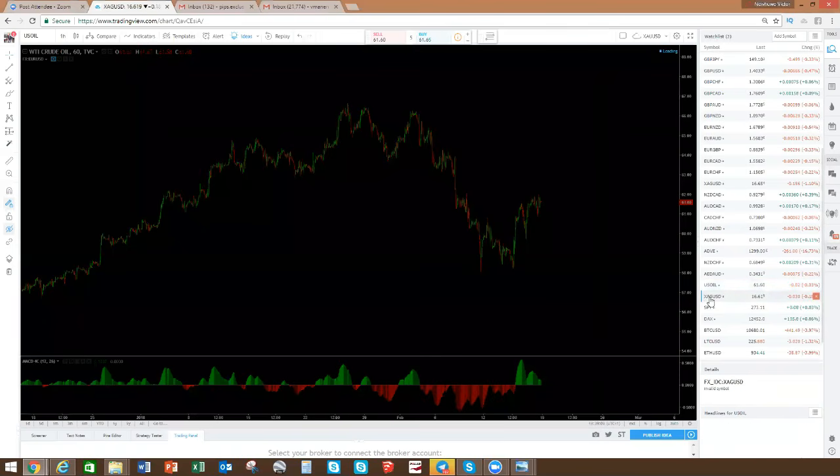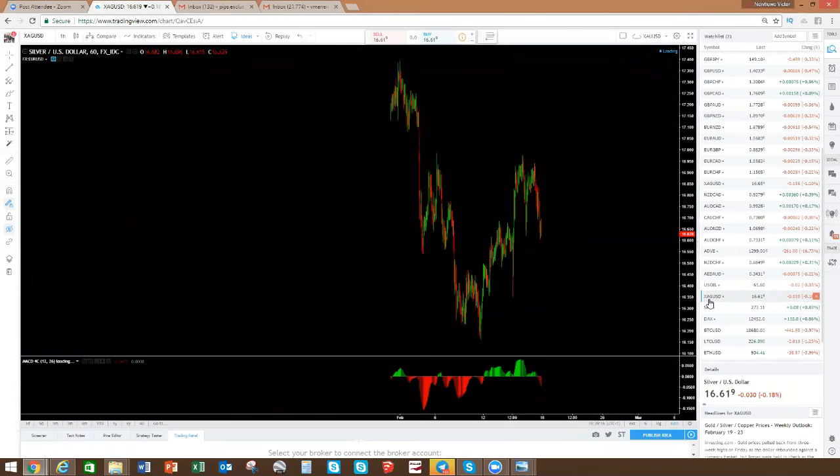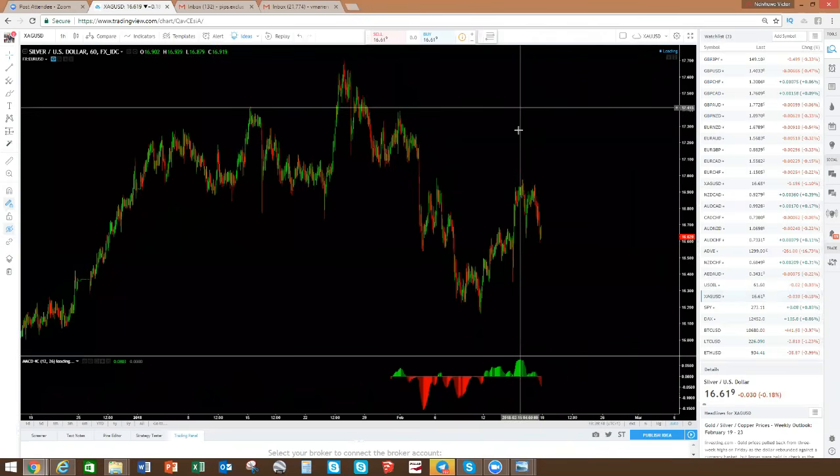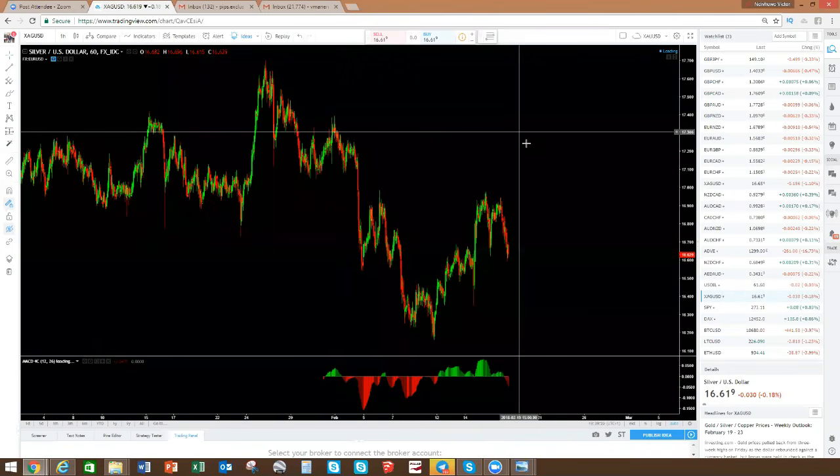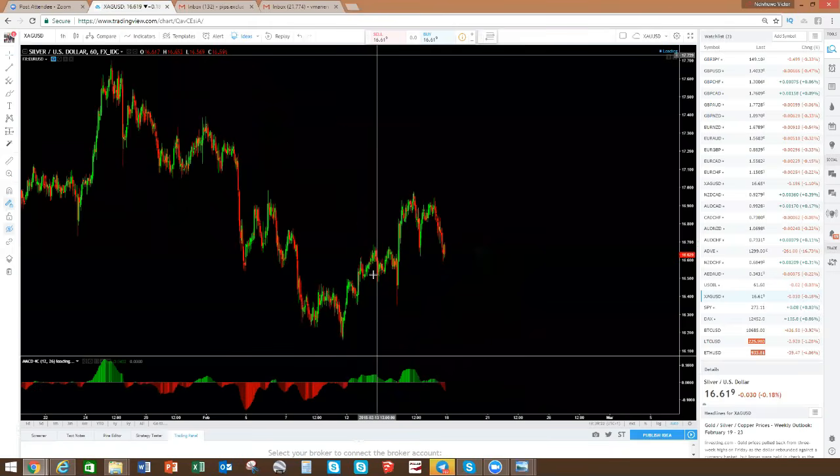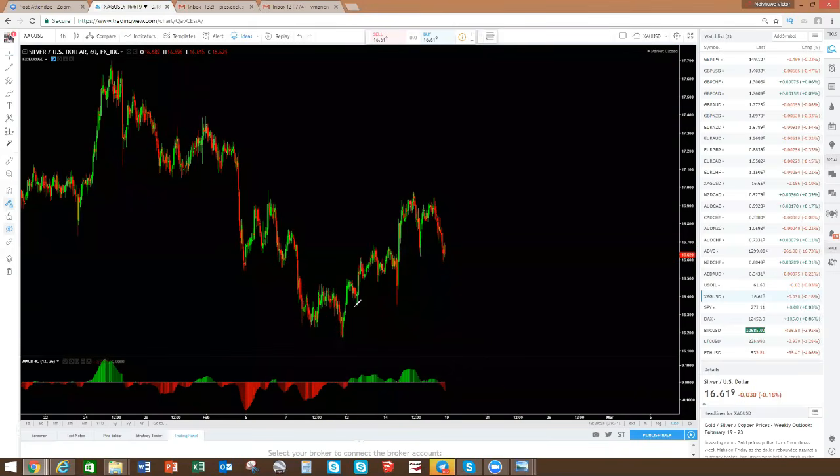Silver. So silver, similar to gold, could have started a 1, 2, 3. Now you're getting this pullback.